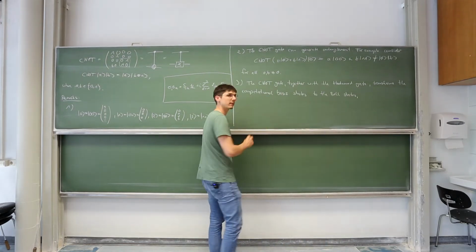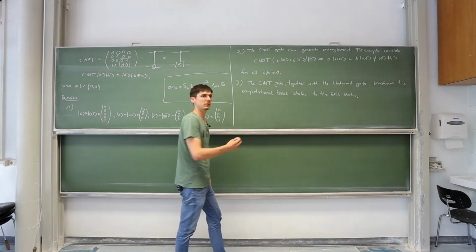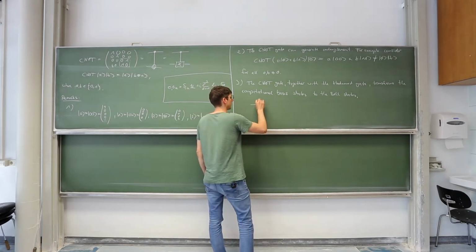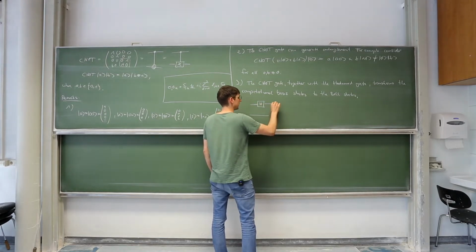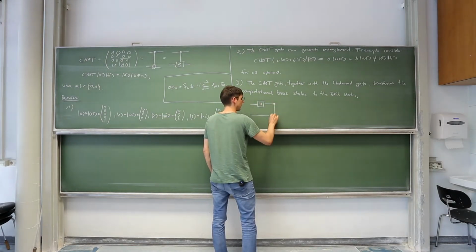And the circuit diagram looks as follows. We have on the first qubit the Hadamard, and then we perform a CNOT-gate.